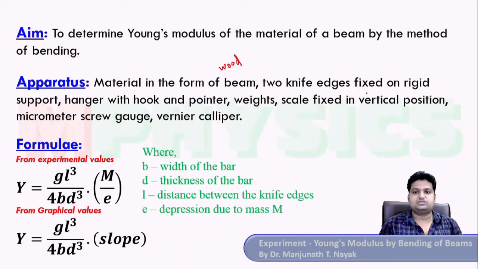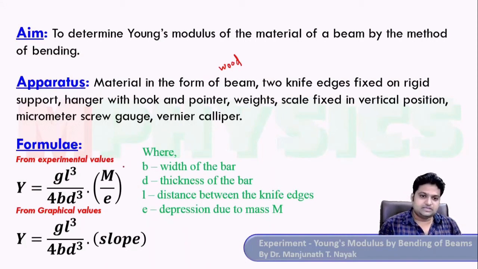You need two knife edges so that you can suspend this beam, then a hanger with hook and pointer. I'll explain what that is. Then weights, also called slotted weights, then a scale fixed in vertical position, a micrometer screw gauge to find the depth of the wooden beam, and a vernier caliper to find the breadth of the beam.